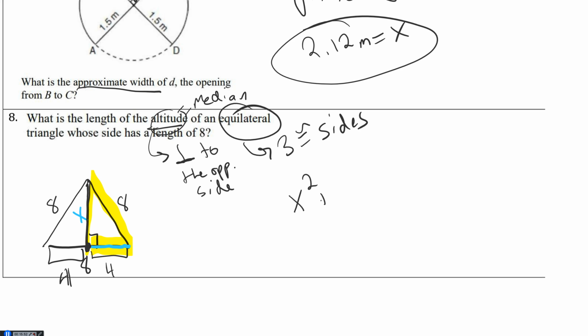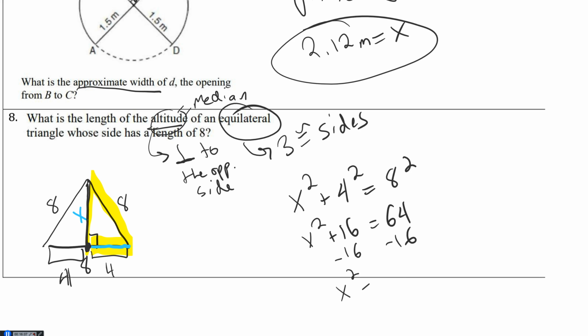So one of the legs squared plus the other leg squared equals the hypotenuse squared. X squared plus 16 equals 64. 64 minus 16 equals 48. Take the square root. And now, even though 48 isn't a perfect square, I can still rewrite it to make it a little cleaner.